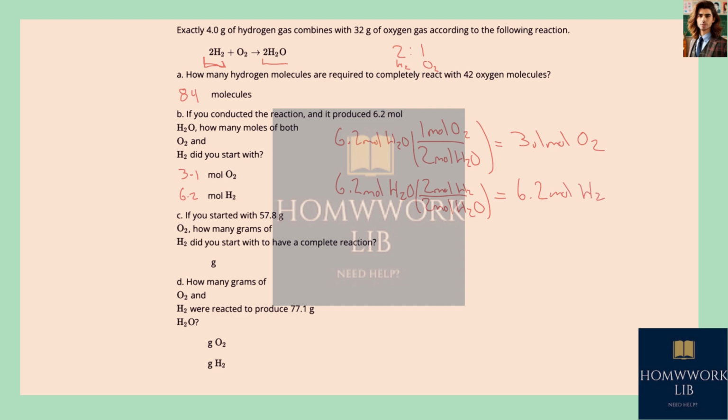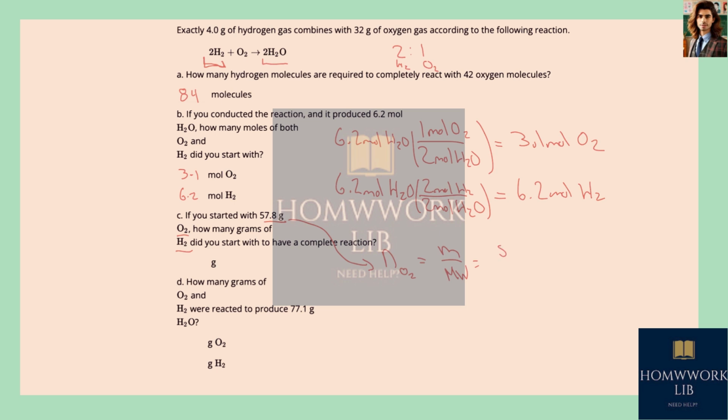Okay, so now the next question, if you started with 57.8 grams of oxygen, how many grams of hydrogen did you start with to have a complete reaction? And in order to do that, we need to transform the grams of oxygen into amount of mole of oxygen. So this is going to be done by dividing the mass by the molecular weight of the oxygen.